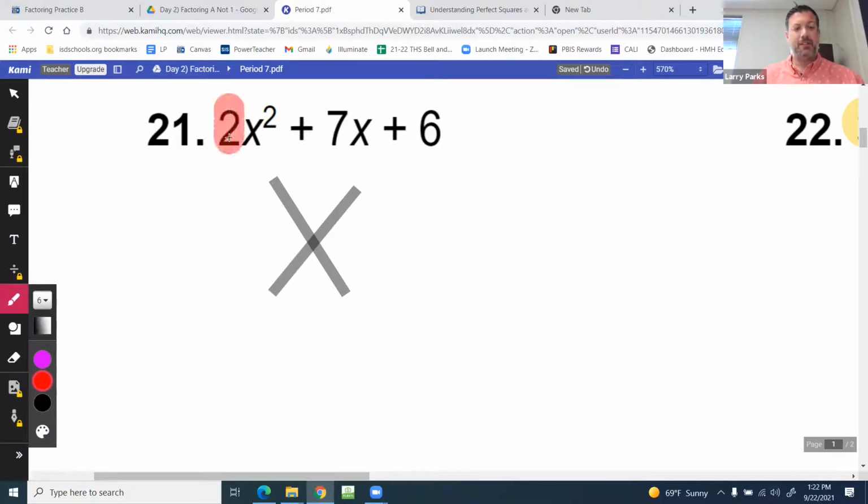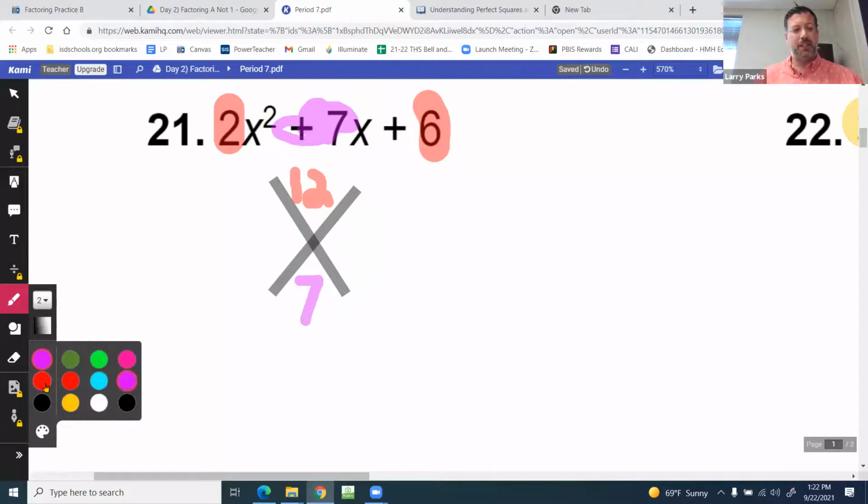I take 2 times 6, and that's 12. I take this number, 7, and I put that here. And I ask myself, what multiplies to 12 but adds to 7? That's 3 and 4.